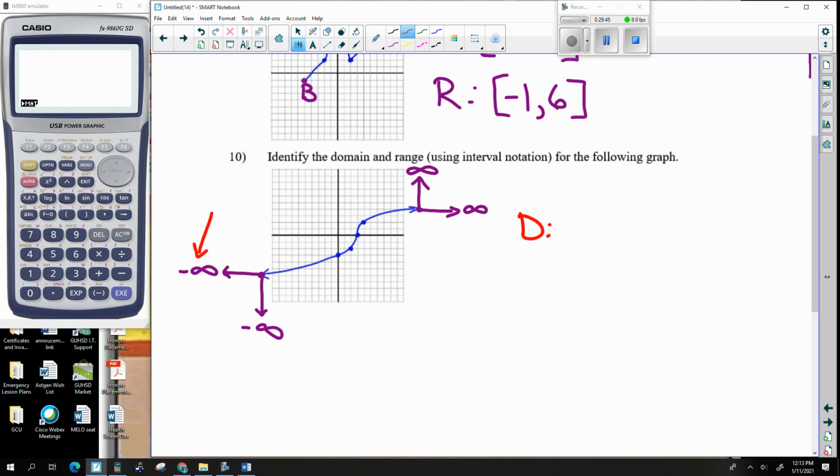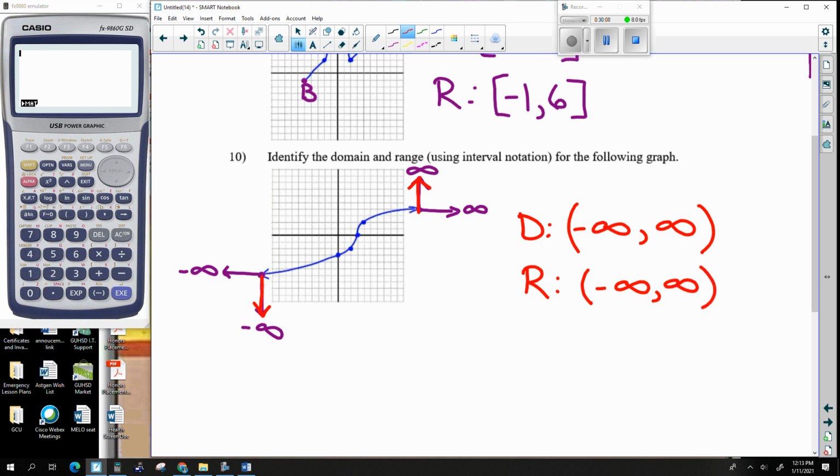So the domain, the left is negative infinity, and the right is this positive infinity. It never stops going left, and it never stops going right. The range, the bottom: I have an arrow going down, and I also have an arrow going up, so that goes from negative infinity to infinity as well. Again, infinities always get round brackets.